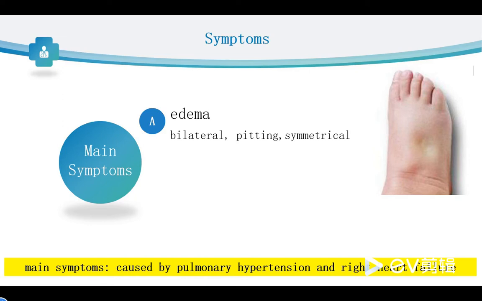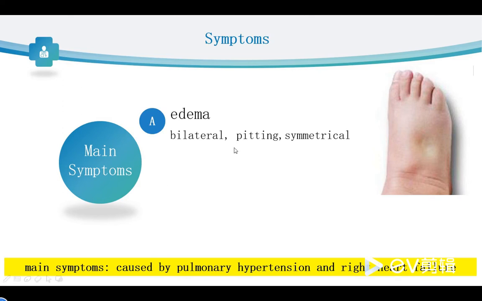Once we find that edema exists, we need to record its characteristics. Does the edema exist on one side or both sides of the lower limbs? Is the location of the edema the lower limbs, the face, or elsewhere?